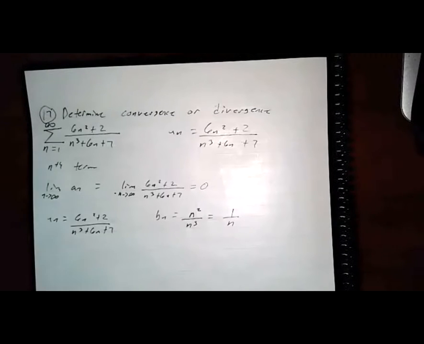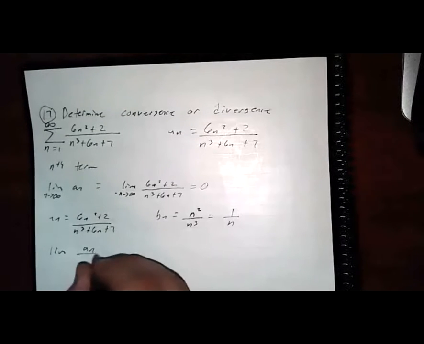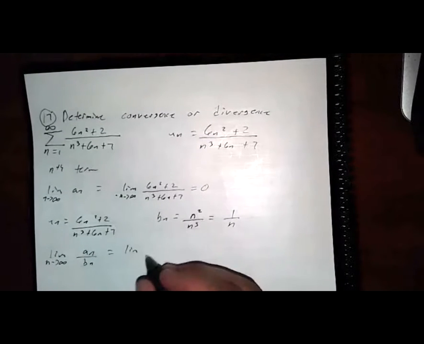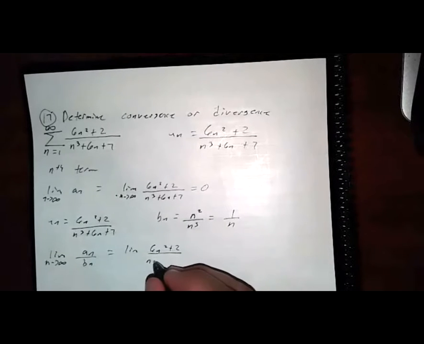Yeah, let's try that. So let's see what happens when you do the limit of a sub n over b sub n as n goes to infinity. Hopefully we get something that's not equal to 1, because I think if it's equal to 1, we basically know nothing.